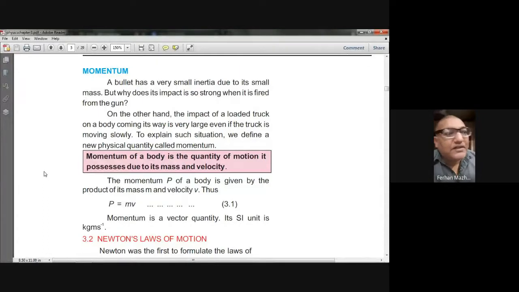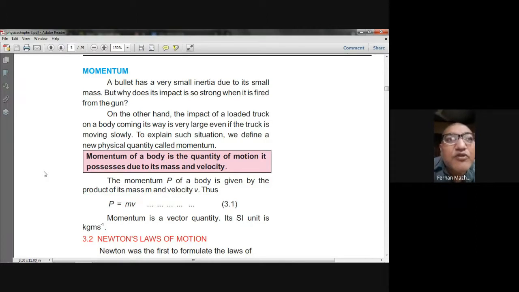For example, if I have a ball, a cannonball used in the gun, which is of 2 kg, and suppose it is going at a speed of, let's say, 30 meters per second.